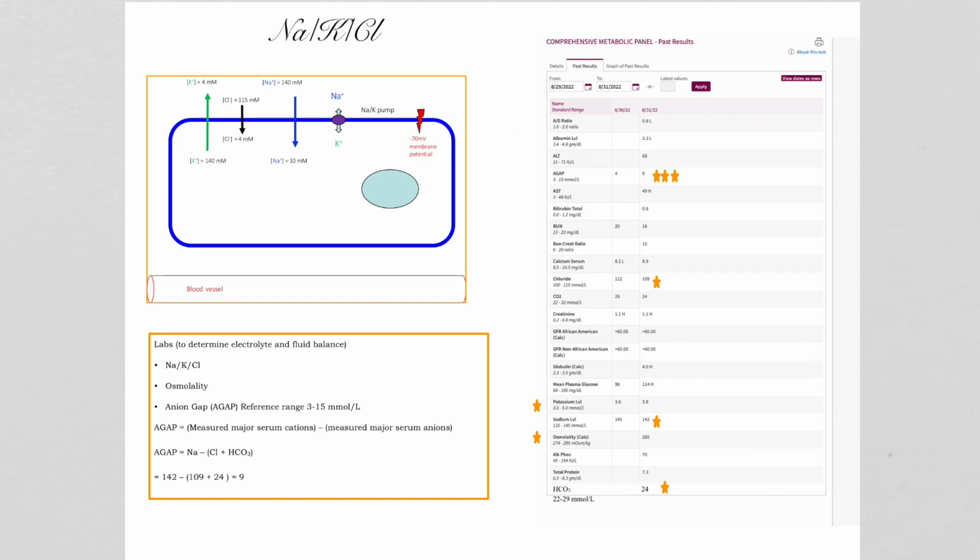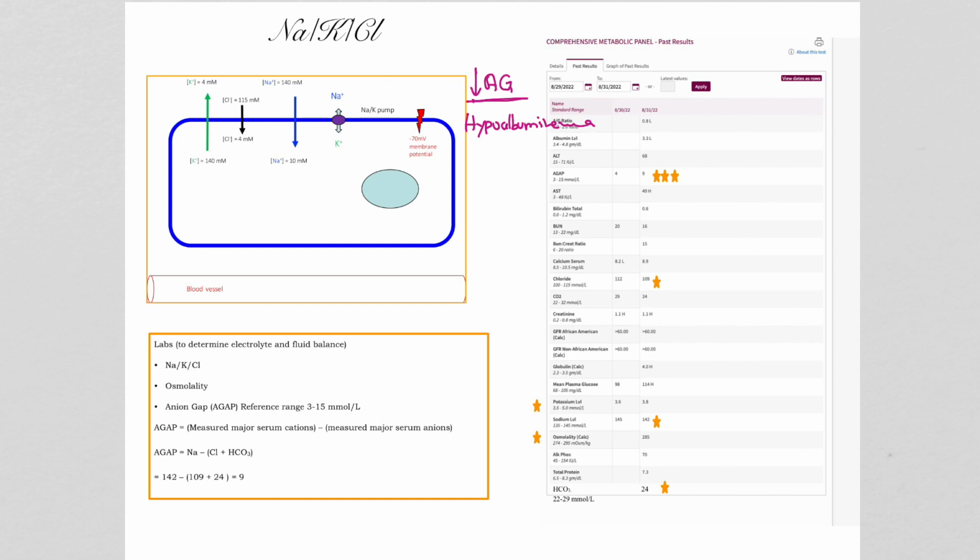Okay, now let's look at some clinical conditions that decrease the anion gap. So one is, let's see, if your albumin goes down, hypoalbuminemia, low albumin.